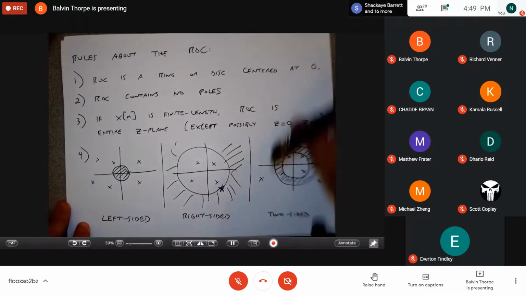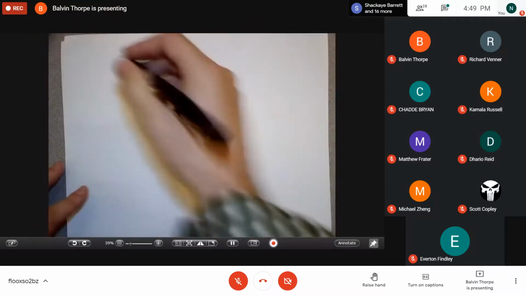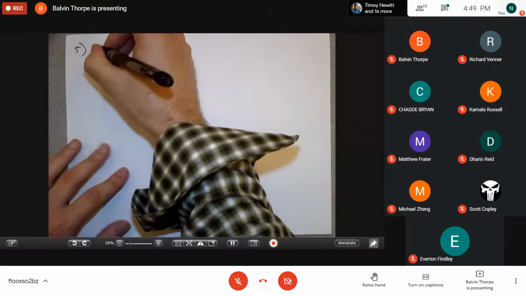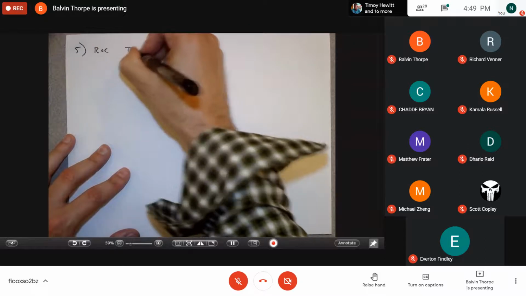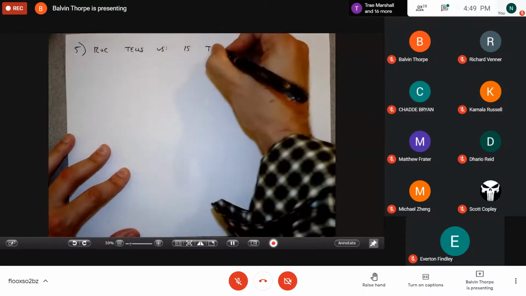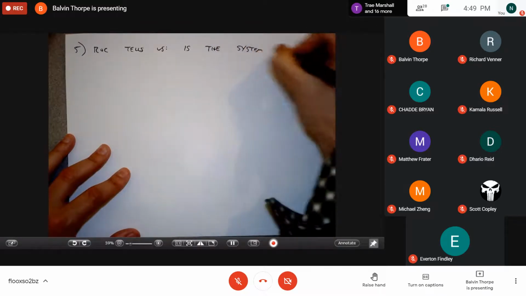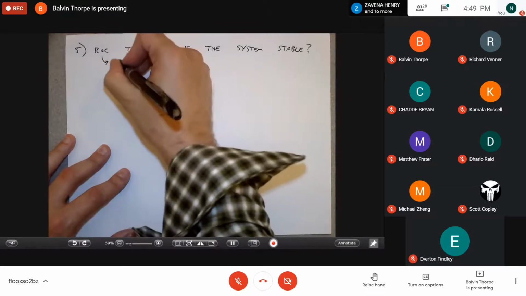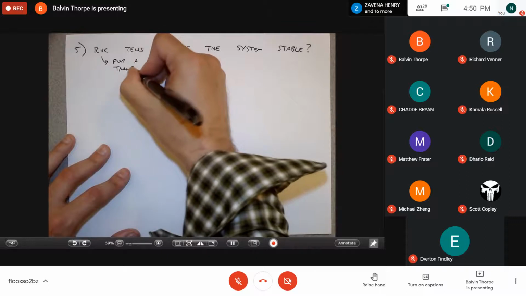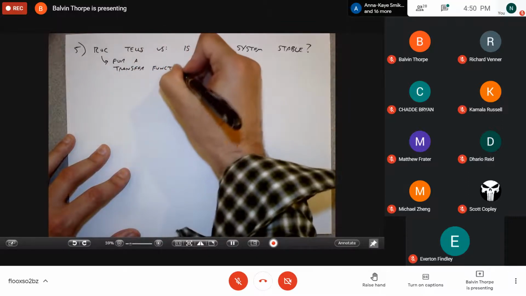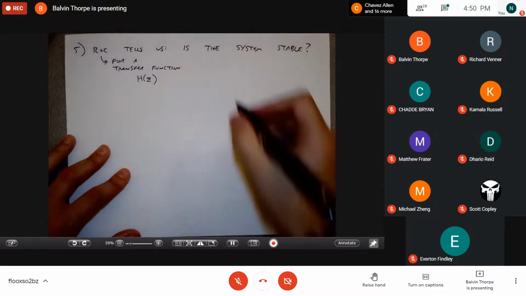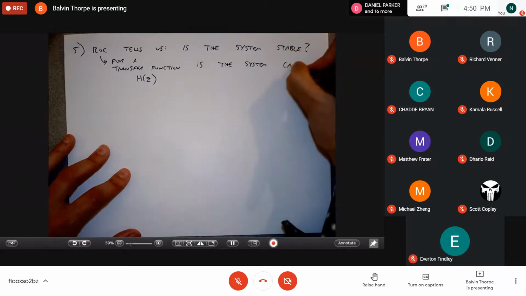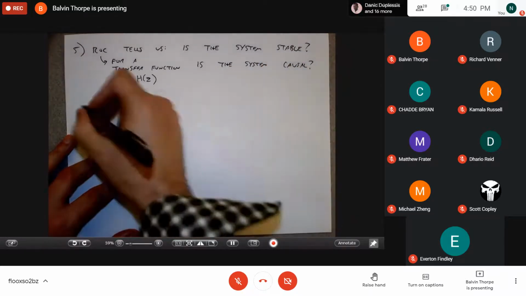And I guess the final thing I want to say is that the ROC tells us, for a transfer function h of z, when I apply this to a linear system, is the system stable? And is the system causal?